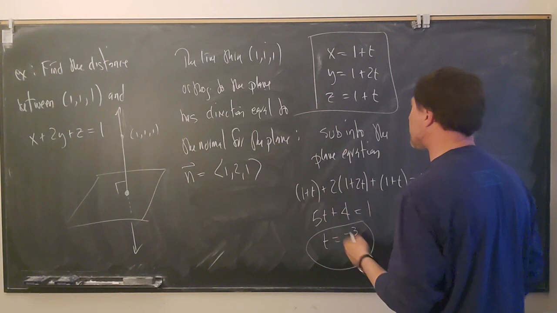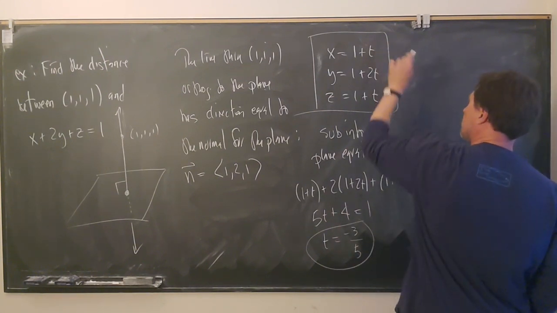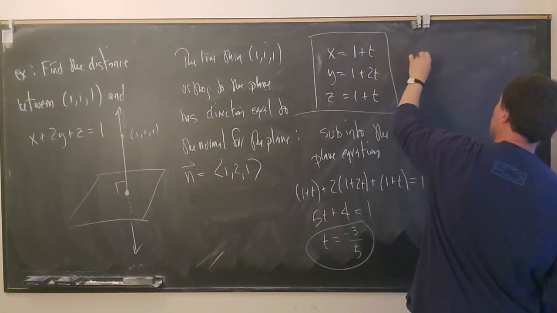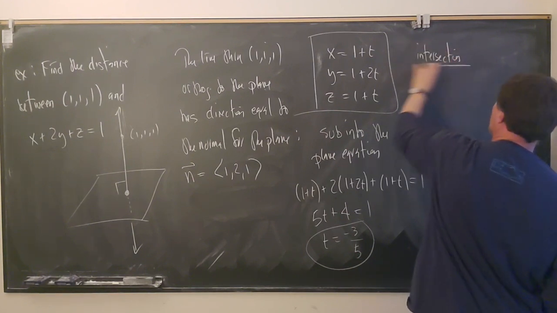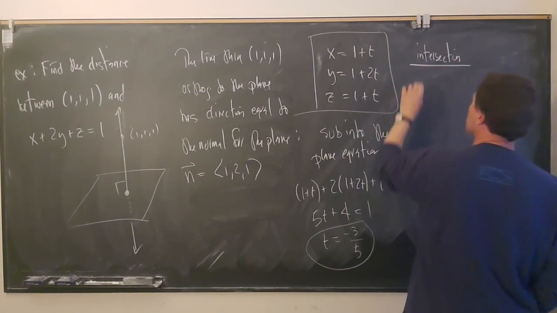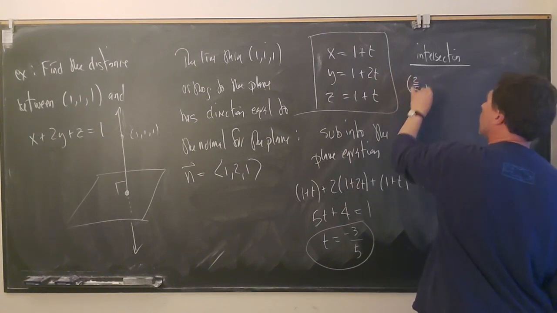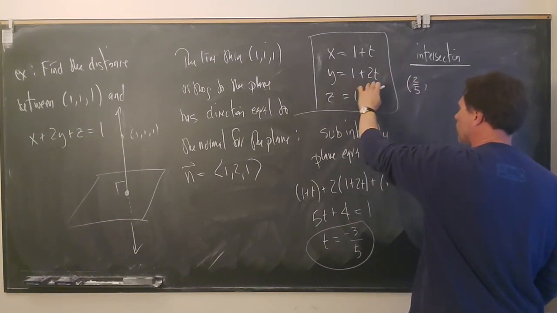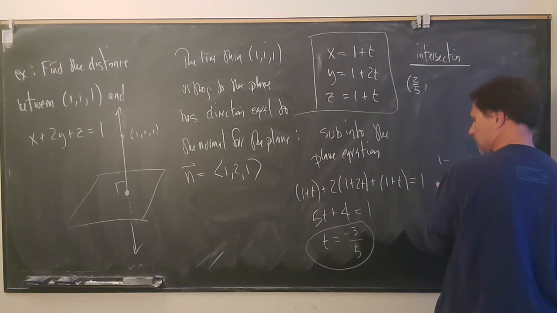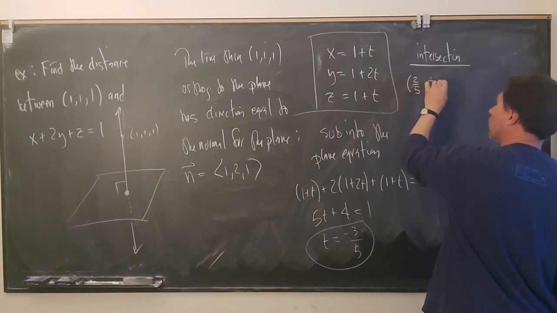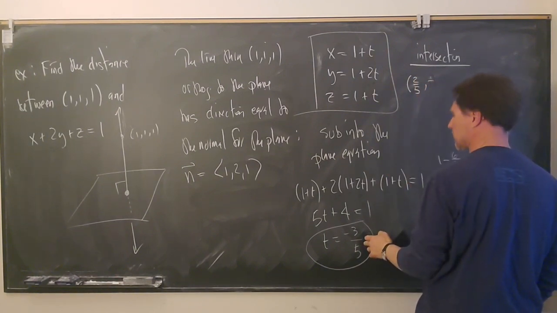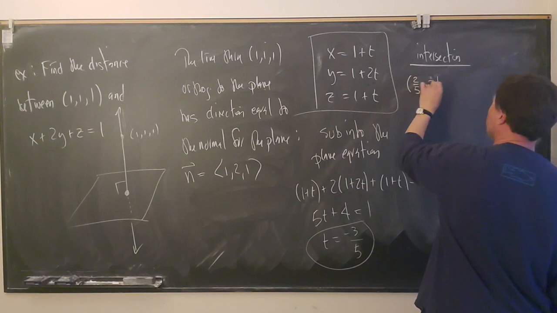Okay, so the intersection point now, I need to come back up here and substitute. So that's when t equals negative 3/5. So that's going to be 2/5, negative 3/5. 1 minus 6/5 is negative 1/5.